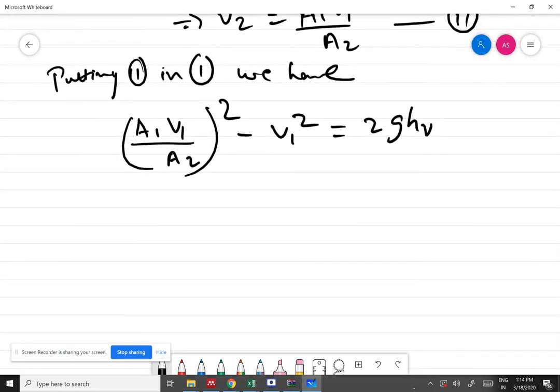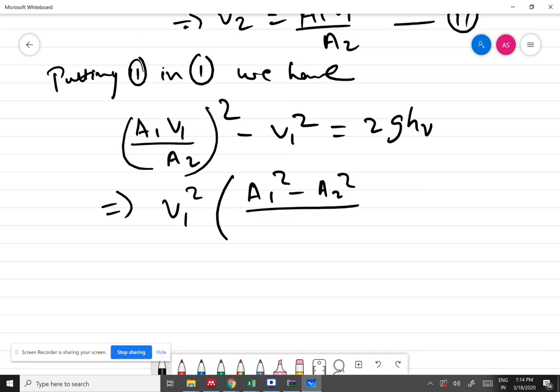So by going forward, by solving this formula, we have V1 square multiplied by A1 square minus A2 square divided by A2 square is equal to 2 hv g.